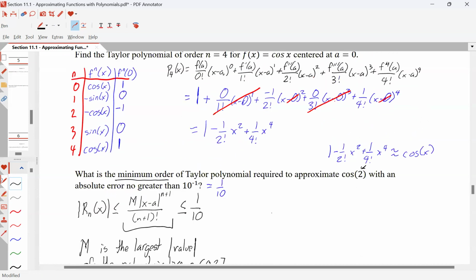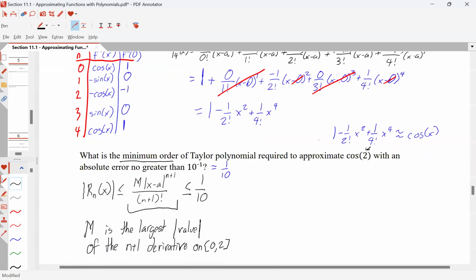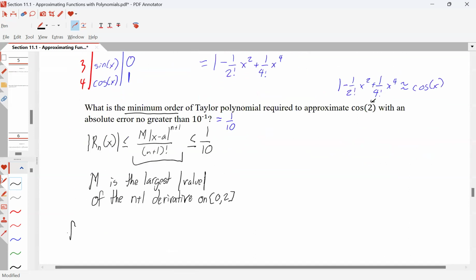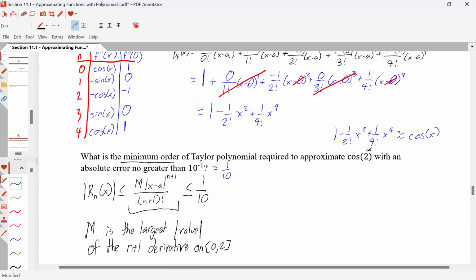Looking at our table, we don't know which derivative of cosine we're looking at, but we are looking at a derivative of cosine. So the n plus 1 derivative of cosine is either plus or minus sine. If we're looking at, say, the first derivative of cosine, it's negative sine.